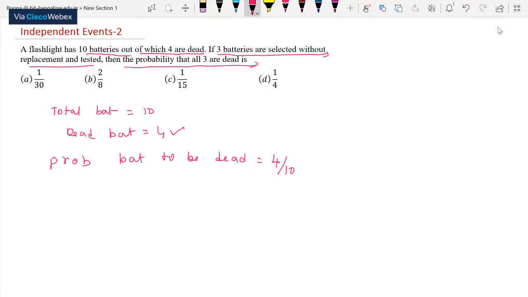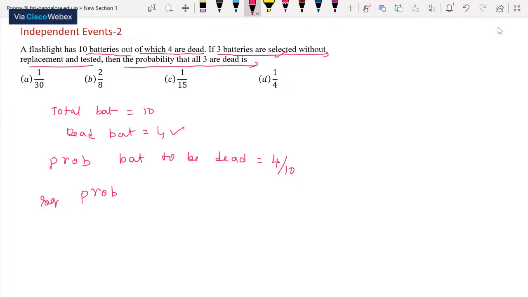Based on that, we move to the next step: the probability that 3 batteries are selected without replacement, so we are selecting 3 batteries one after another. The probability that all 3 are dead is the required probability.